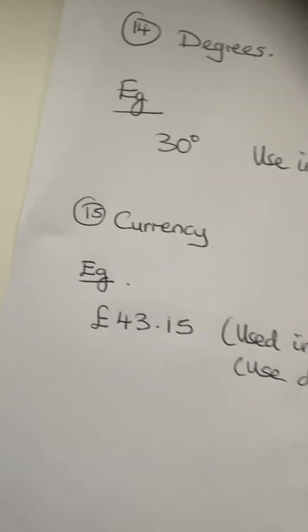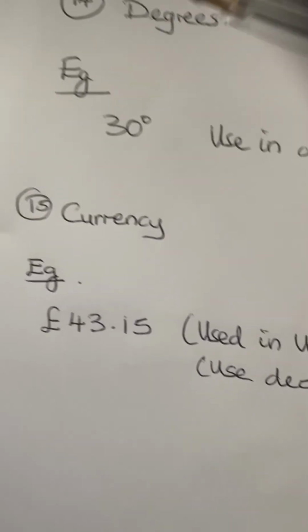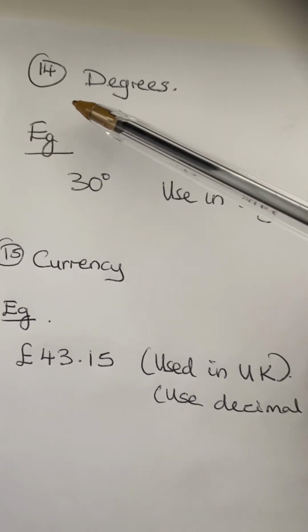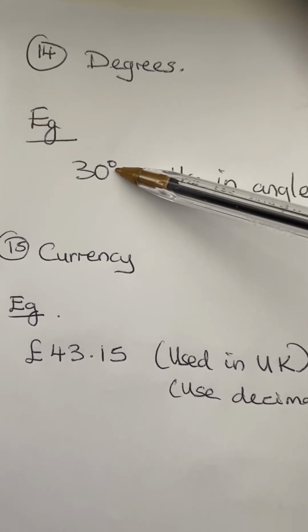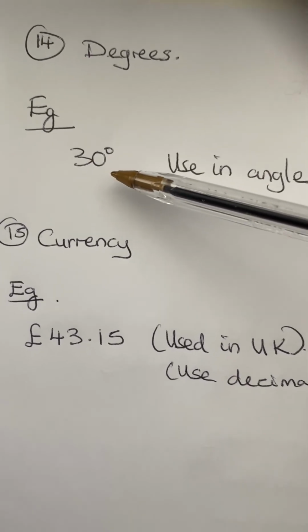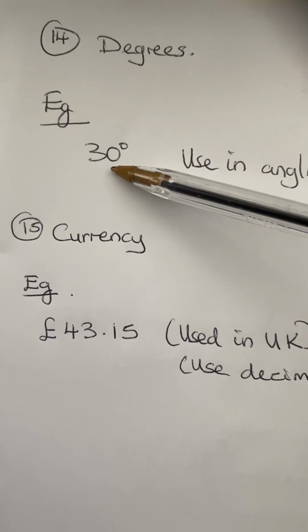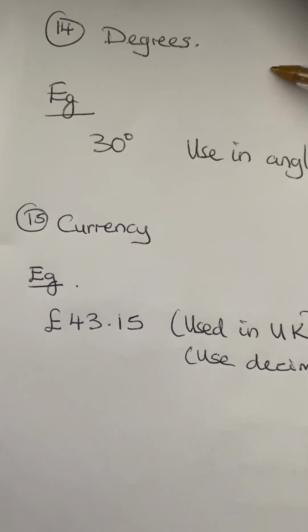The next one is degrees, which is like in angles. So this is the symbol that is used, a tiny knot. So these are for angle questions. So you have, for instance, one angle is say 30, another is 60.